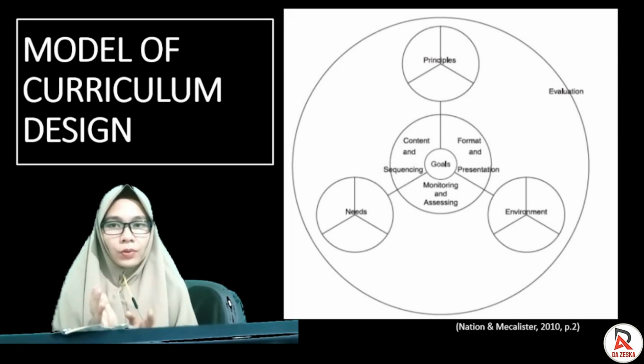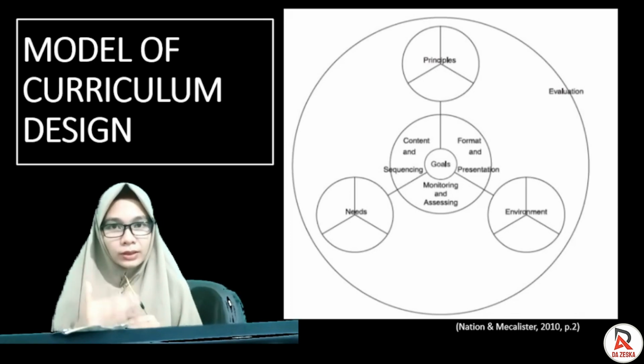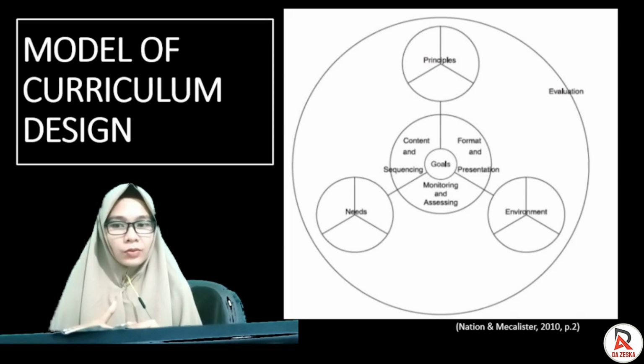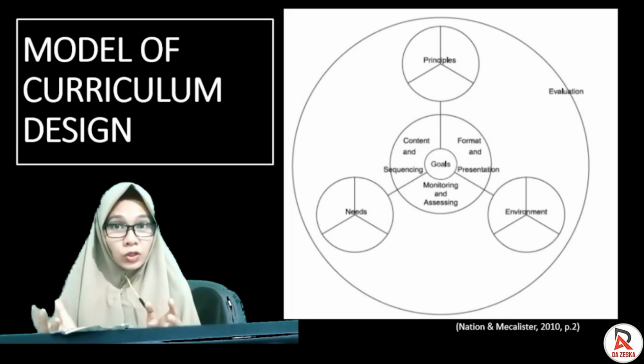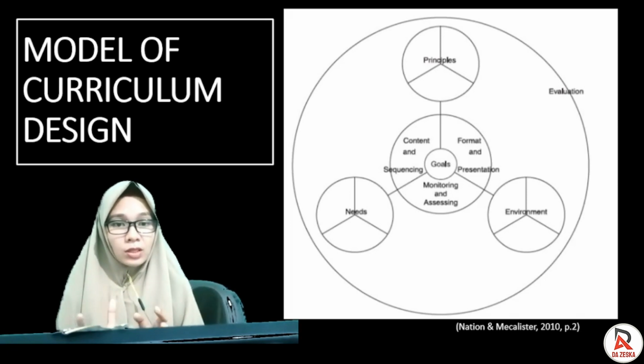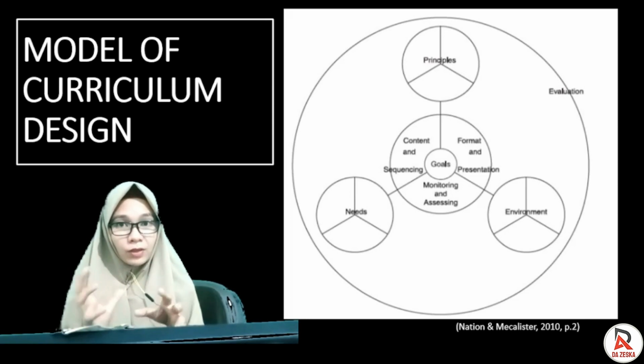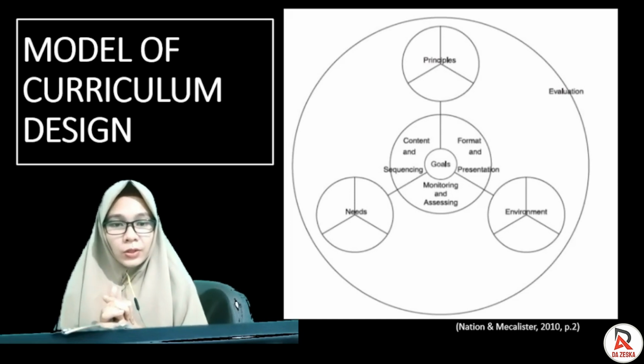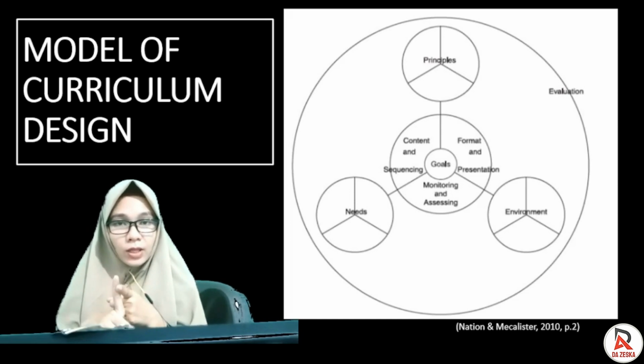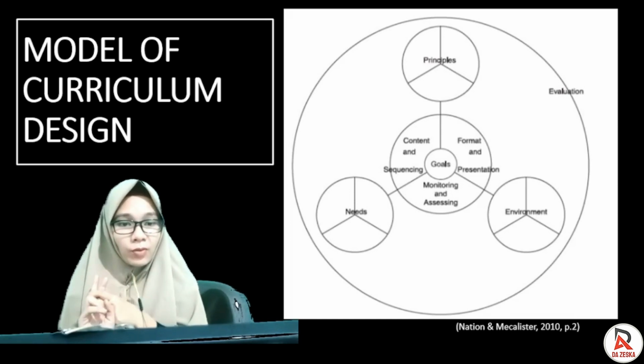And then you will need theories for that. You will need research for that. So research and theories about how to have this subdivision in the inner circle, for having content and sequencing, or format and presentation, or the last, monitoring and assessing.